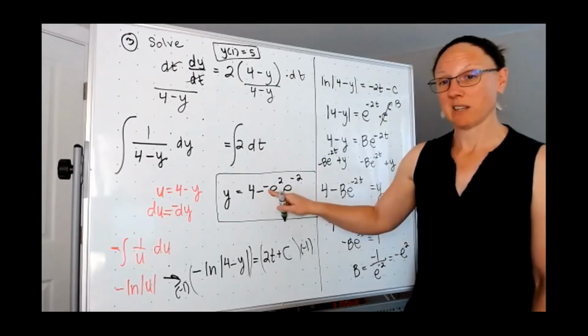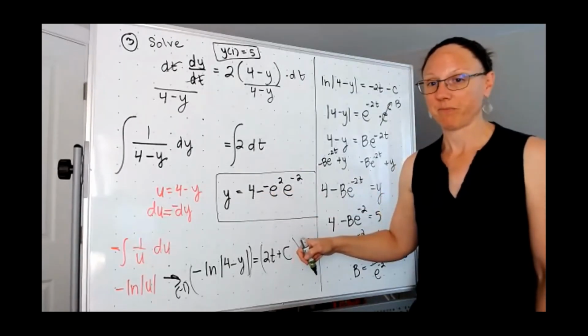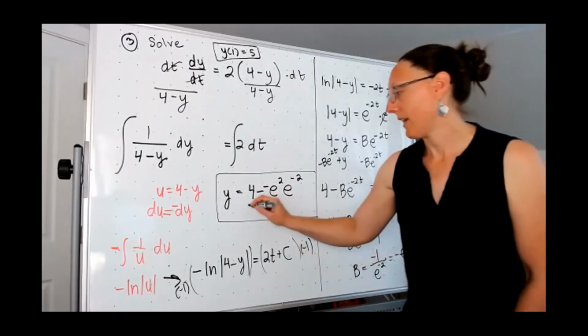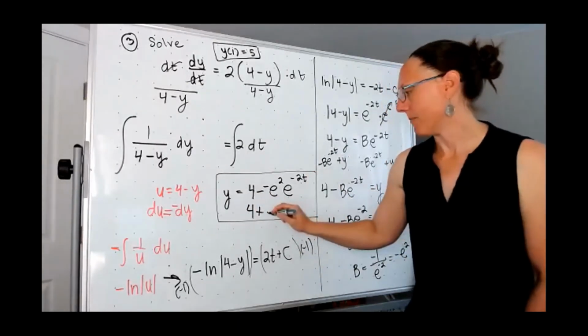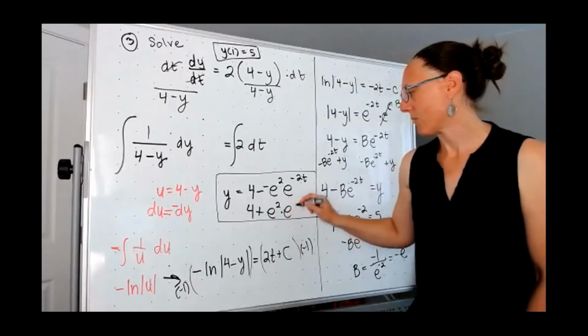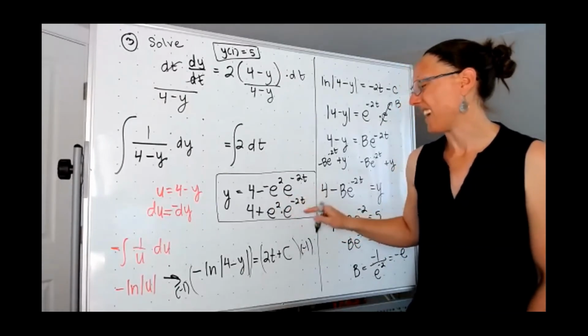So minus a minus, I could make that a plus and have 4 plus e to the 2 times e to the negative 2t.